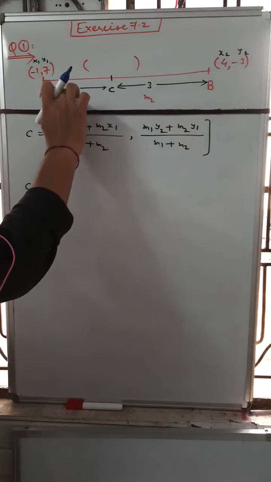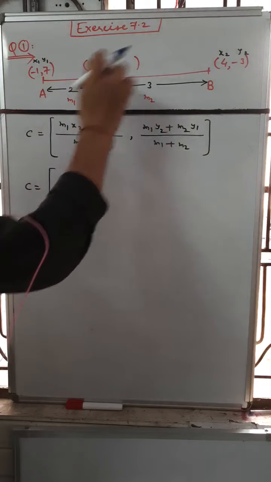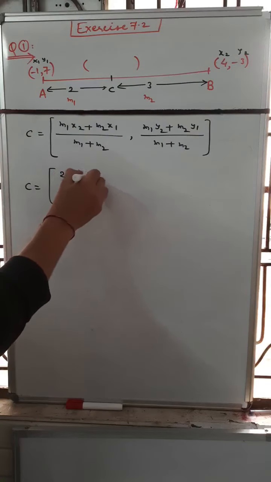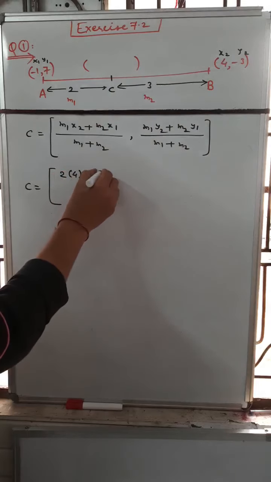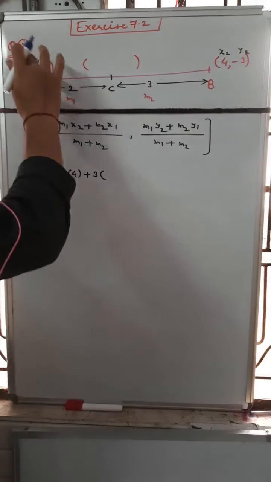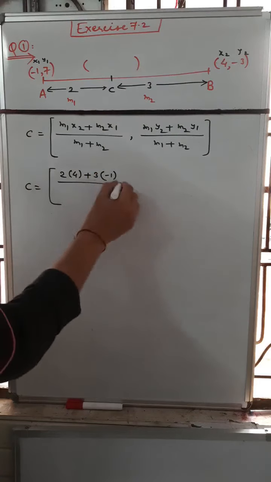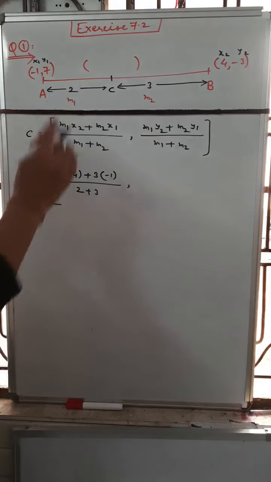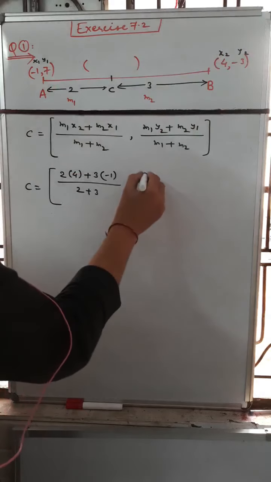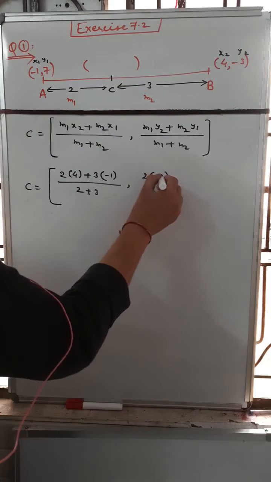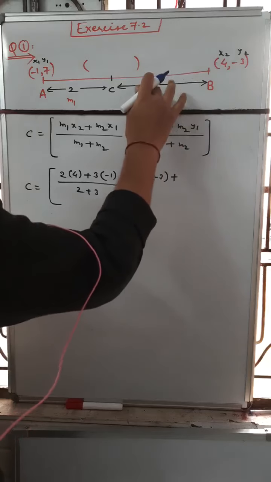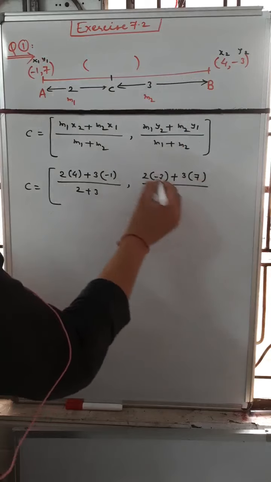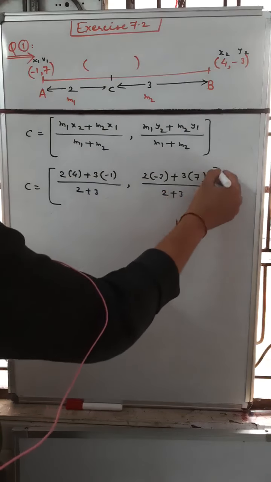First we take 2 into 4 plus 3 into -1 upon 2 plus 3, and then 2 into -3 plus 3 into 7 upon 2 plus 3.